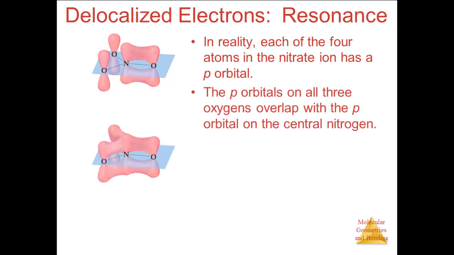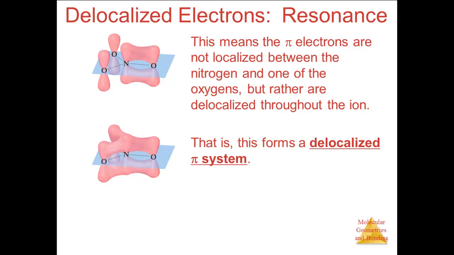All 4 of these orbitals overlap at the same time, meaning the electrons are not confined to the area between the nitrogen and one particular oxygen, but are free to move over the whole molecule. This is called a delocalized pi system. Such systems have lower energy.